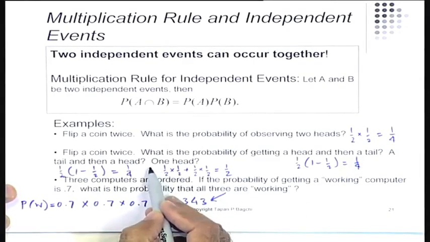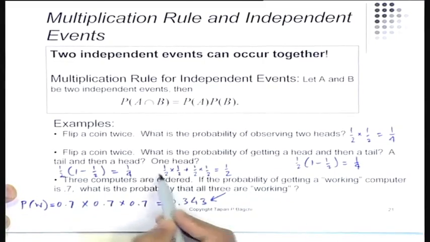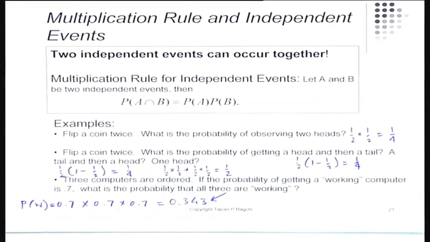Okay, it also says here, I tossed it twice. What is the chance of my getting one head? How will I get one head? The first toss could be a head and the second toss could be a tail. Then I'll get one head. Or the first toss could be a tail and the second toss could be a head. This is the other one.